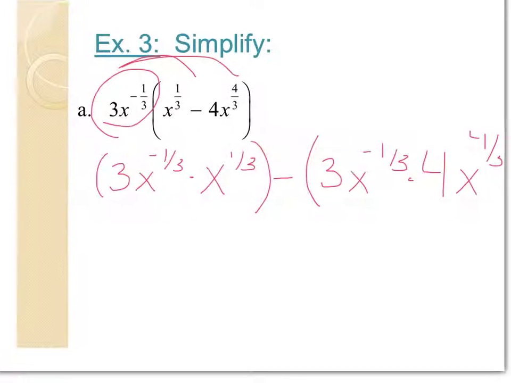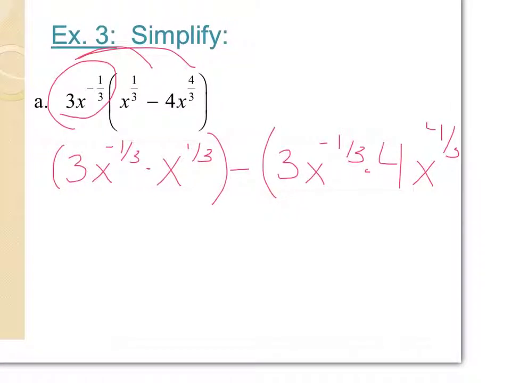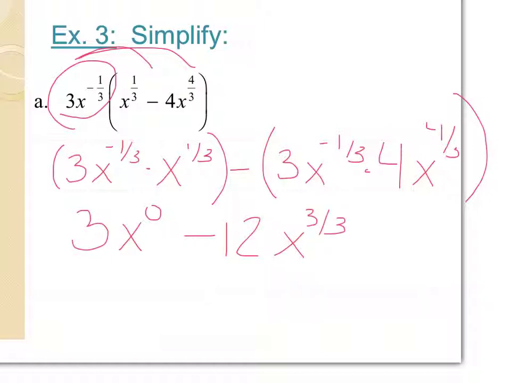So giving us a little bit more space. So going through, you'll have 3. You're going to add negative 1/3 plus 1/3, which gives us 0. And then 3 times 4 is 12. Negative 1/3 plus 4/3 is 3/3. So that just gives us 3 minus 12x, and that's your final answer.